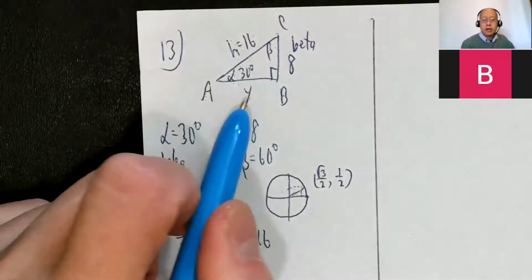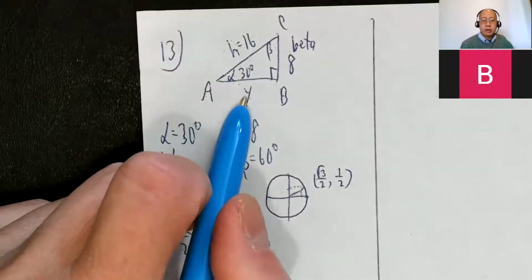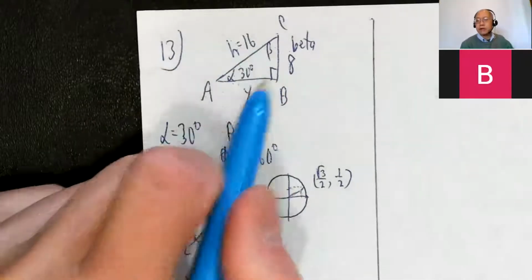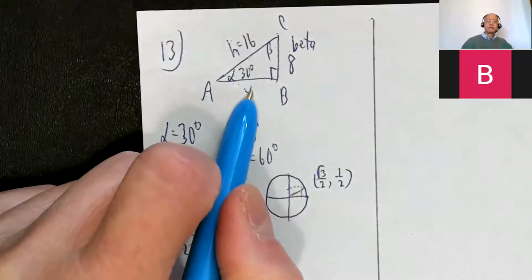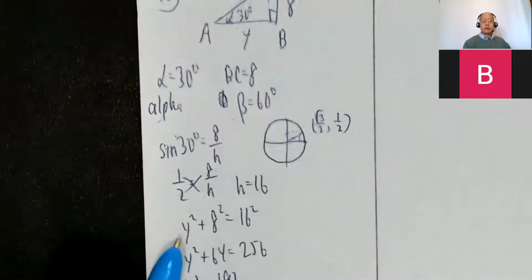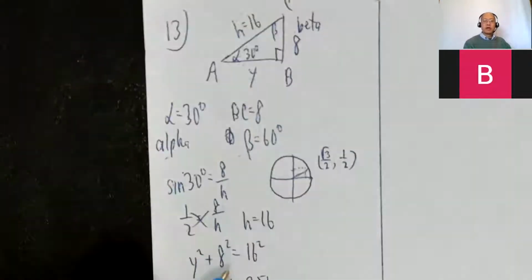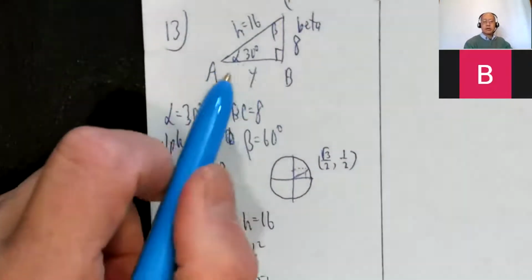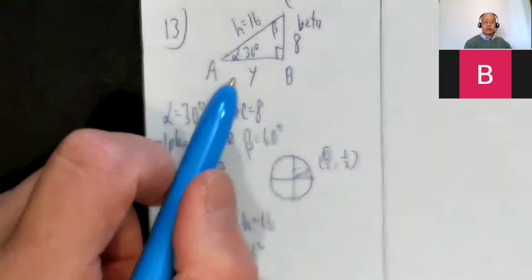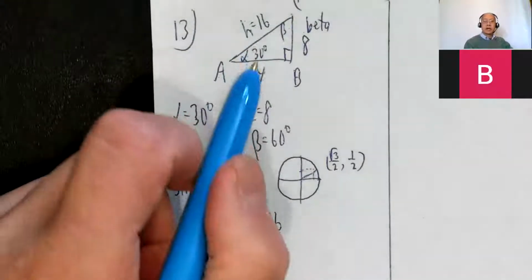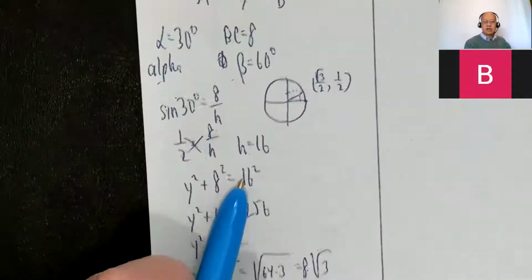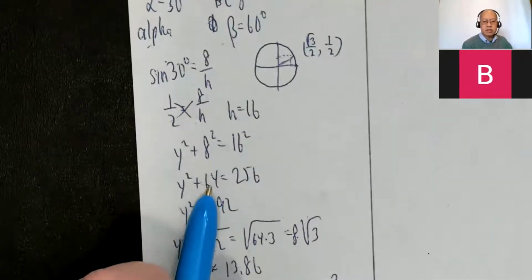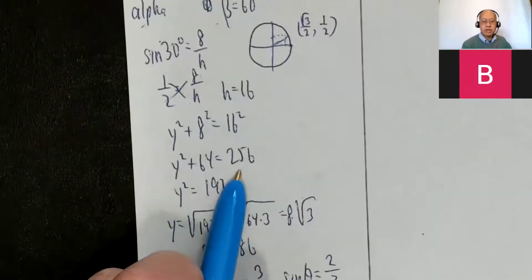Now, I could do my trig to find y, or since I already know two sides of a right triangle, I can just do my Pythagorean theorem. So y squared plus 8 squared equals 16 squared. A squared plus b squared equals c squared. 8 squared is 64. 16 squared is 256.